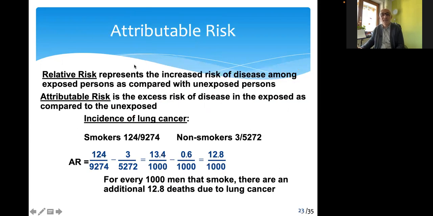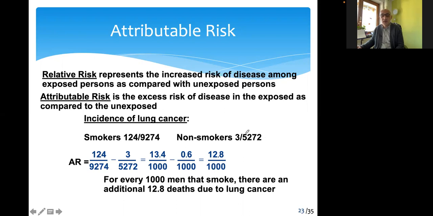Then we have also, I'm not trying to make it complicated for you, but you will sometimes hear this attributable risk. The relative risk represents the increased risk of disease among exposed persons as opposed to the unexposed, which we already have in our pocket. Now, attributable risk is the excess risk of disease in the exposed as compared to the unexposed. Sometimes you will see that they calculate the attributable risk.